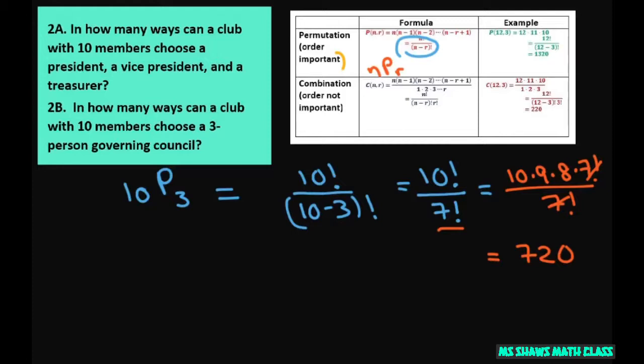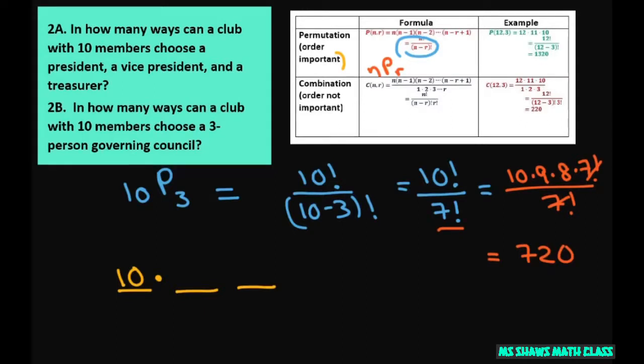Now, the main thing you need to know about permutations is that order is important. And it's like when we did the multiplication principle; you could have done this problem like we did in the previous section. You could say, well, we have 10 members, so I choose the first member and I have 10. Once chosen, the president can't be both the president and the vice president.